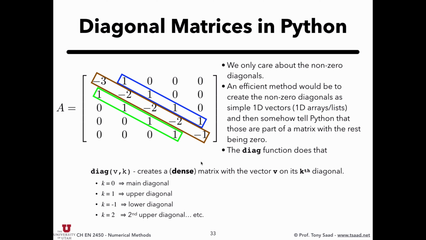That's going to create a full matrix, a dense matrix filled with zeros, so it's going to take a lot of storage. However, the only non-zero elements are those given by v on the kth diagonal. If k equals 1, that's the upper diagonal. K equals -1 is the lower diagonal. K equals 2 is the second upper diagonal, and so on and so forth.